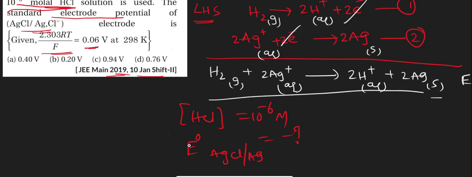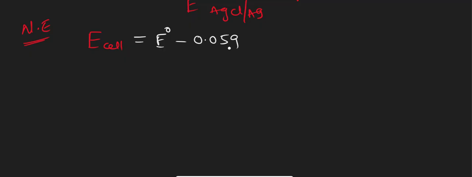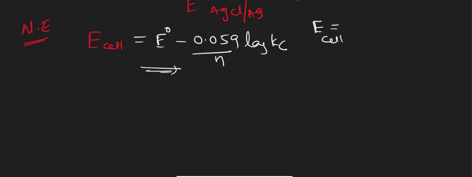So in order to solve this numerical we have to follow the Nernst equation. The Nernst equation is E cell equal to E naught minus 0.059 by n log Kc. Clear? This is the simplified Nernst equation, but originally we can also write it as E cell equal to E naught minus 2.303 RT by nF log Kc.